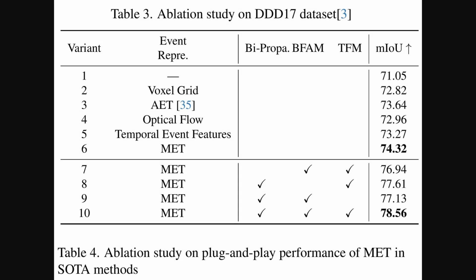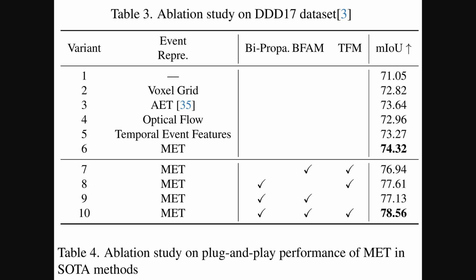Building on those impressive overall results, this next table shows an ablation study on the DDD17 dataset. An ablation study is like taking a car apart piece by piece to see how important each part is for making the car run well. Here, they are doing that with their BRENet system. We see that their Motion-enhanced Event Tensor alone in row 6 already outperforms other event representations, achieving a 74.32 mean intersection over union.